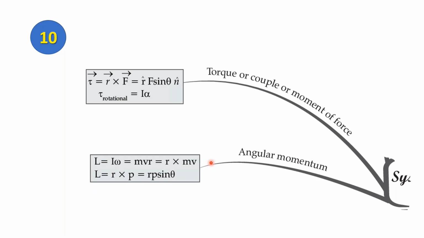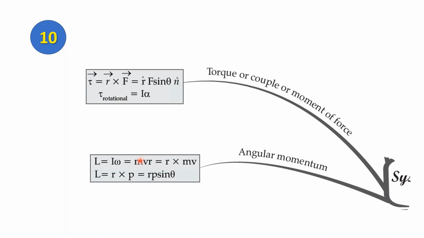Now we need to look at the second formula. The second formula of angular momentum states that angular momentum is the product of the mass of the body times the velocity of the body times the radius. So m and v are translational quantities.